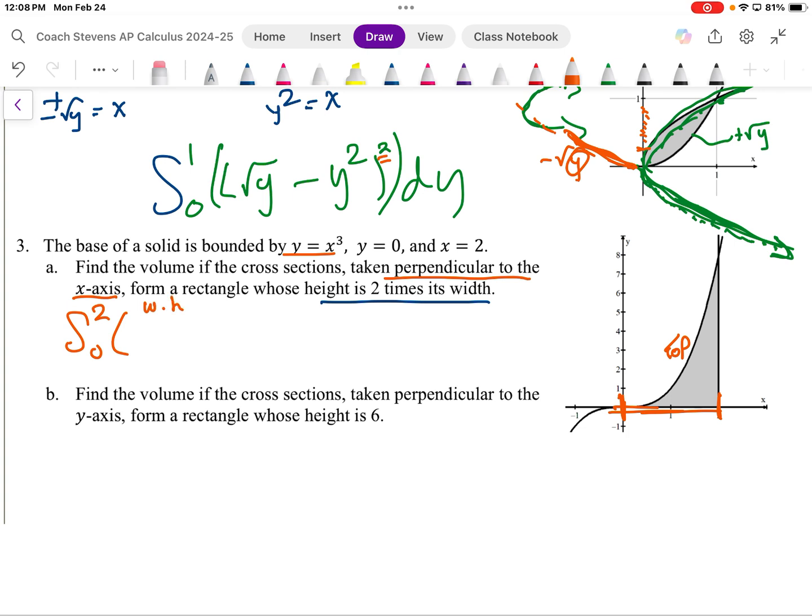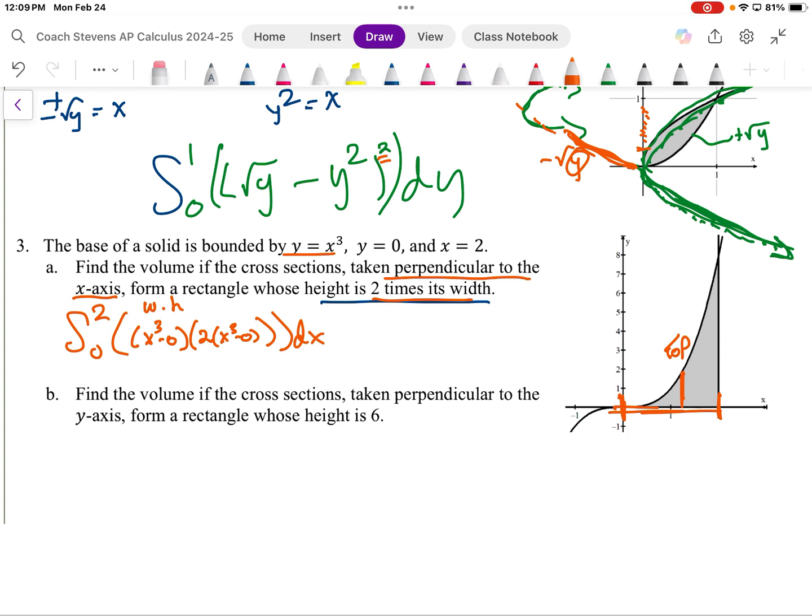So my width is x cubed minus 0, in case I'm not using the x-axis, in case I'm using something else. Now I have to multiply that by the height, 2 times x cubed minus 0, and then that's dx.